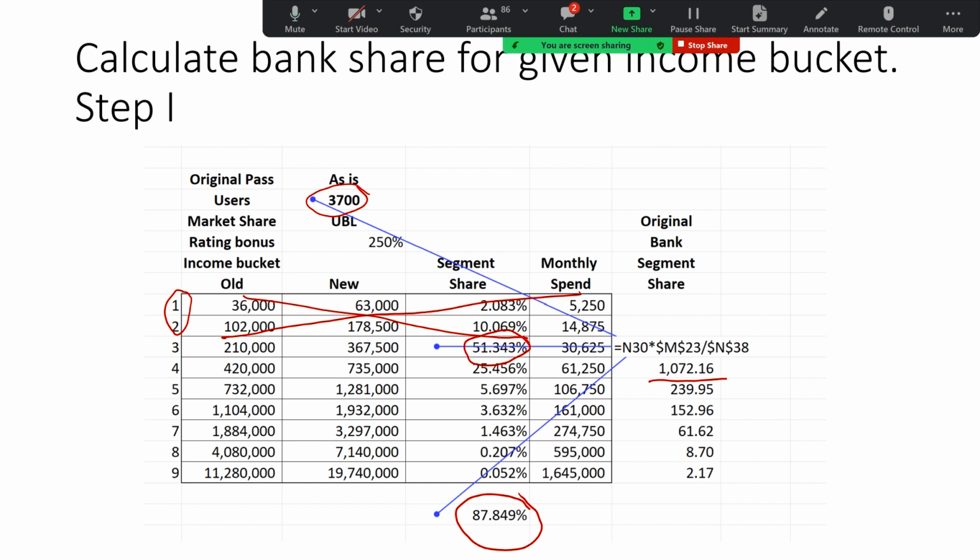And then it has about 240,000 customers who are earning about, let's say, 100,000 rupees a month. And then it has another 152,000 customers who are earning 1.9 million rupees a year, and then 61,000 customers, and then 8,000 customers, and then 2,000 customers, right? This is the default calculation for UBL using this simple, very bare bone model.